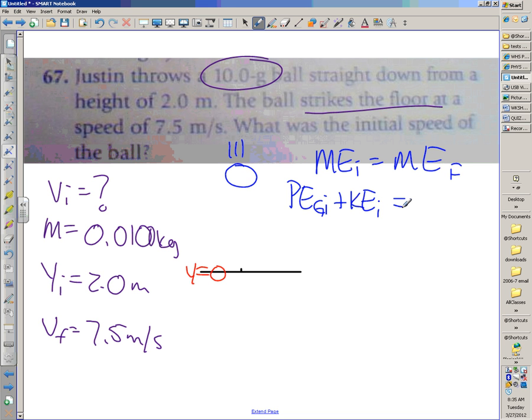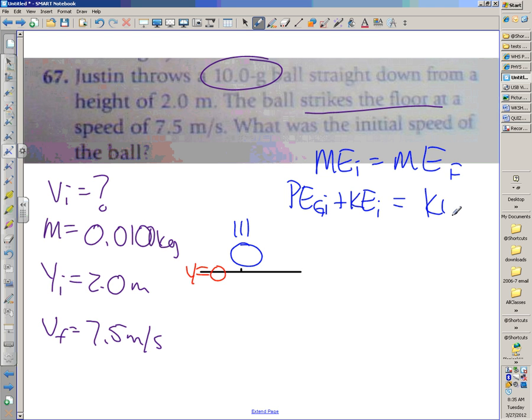Nothing stretched or compressed, so we have no elastic energy. But then, over on the right-hand side, where does it end up? Pretty much at the reference point, right? So does it have any gravitational potential energy at the end of this problem? It does not. But what is it still doing at the end of this problem? Still moving.